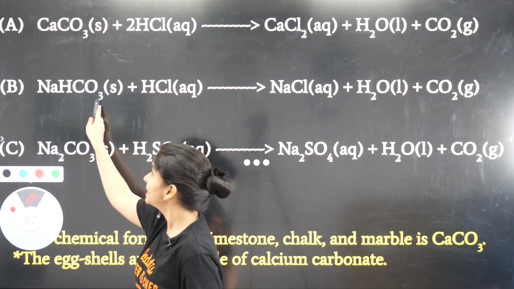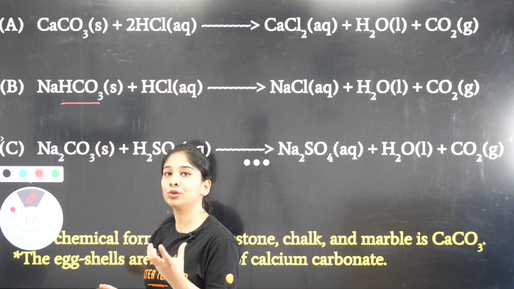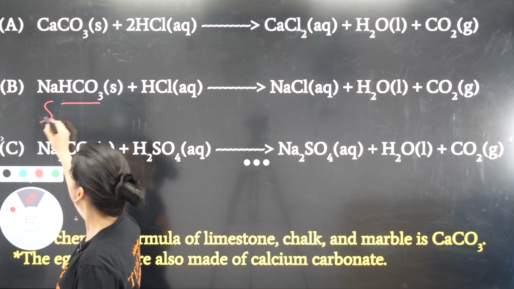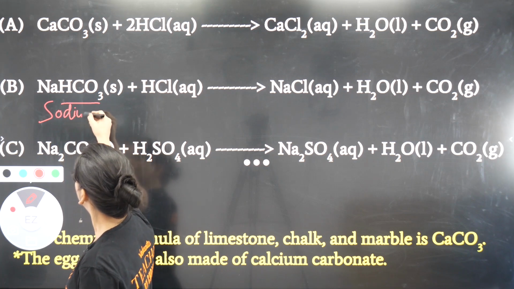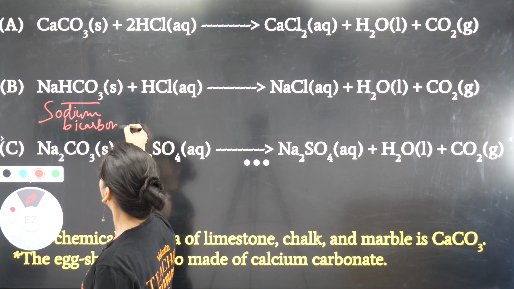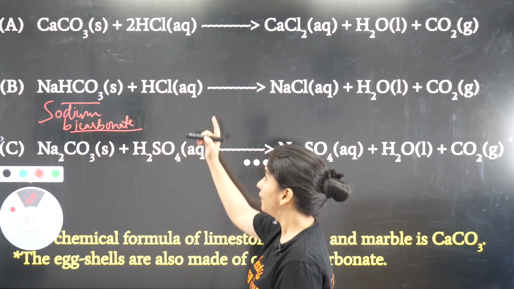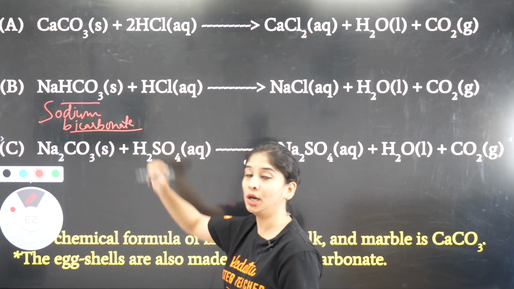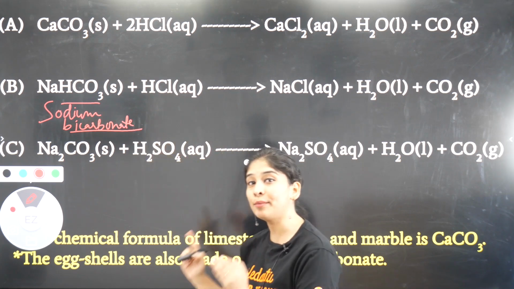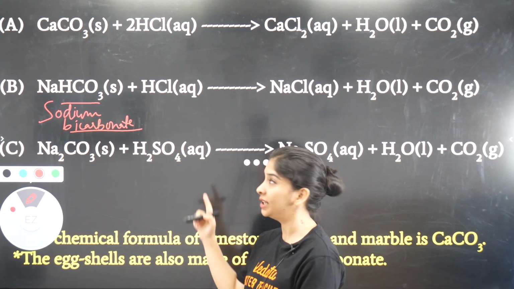I told you, same way bicarbonate is also going to behave. HCO3 group is bicarbonate. So this is nothing but sodium bicarbonate. When you react it with an acid, what is going to form? Same product, it's just the number of molecules that is going to change.